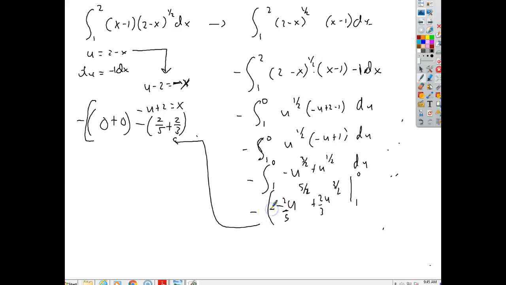That should be a minus there as well, right? Messy, messy. 15, 6, 10. Negative 6 plus 10 over 15. Negative 4/15.